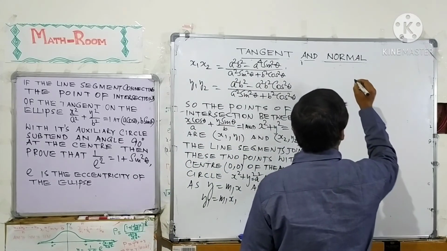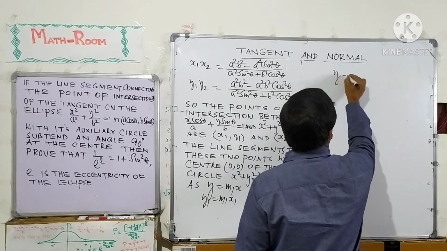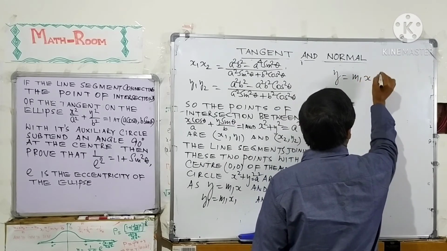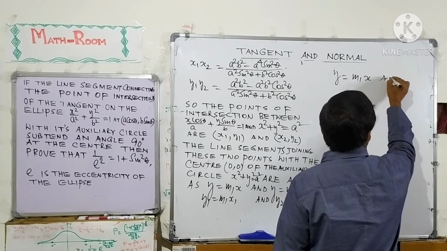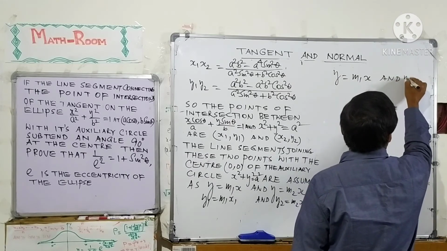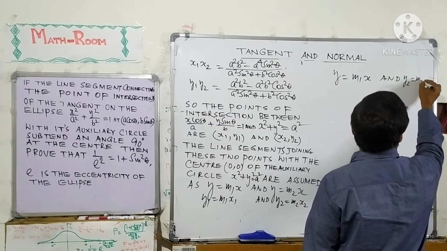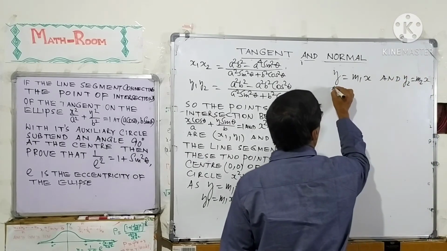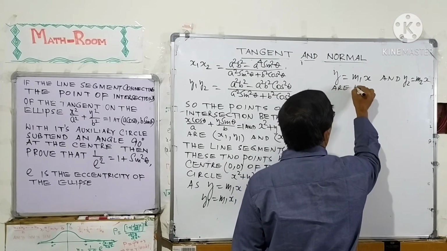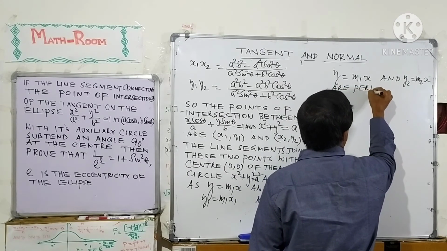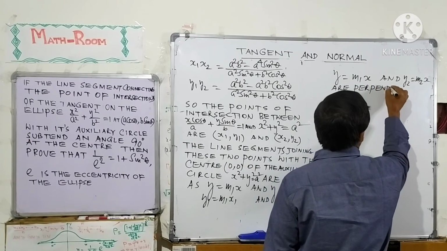So, we can write that y equal to m1x and y equal to m2x are perpendicular to each other.